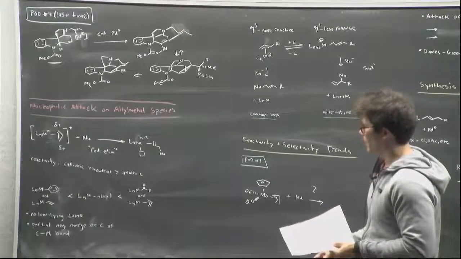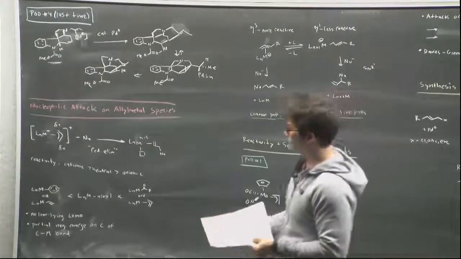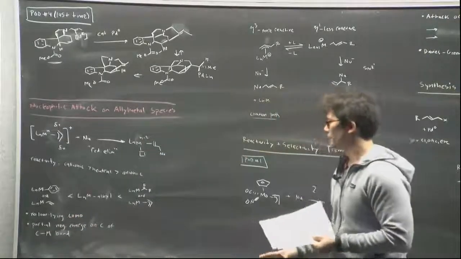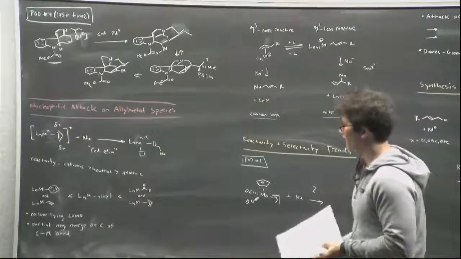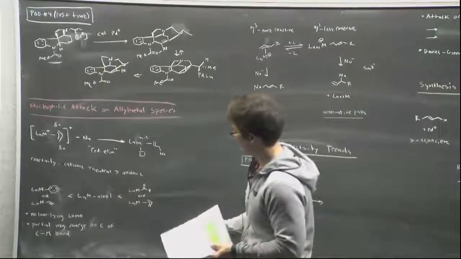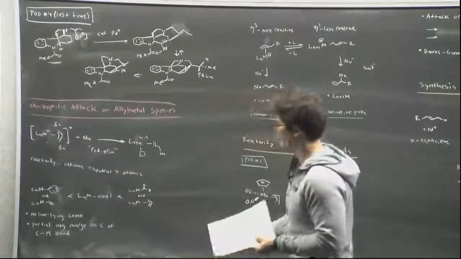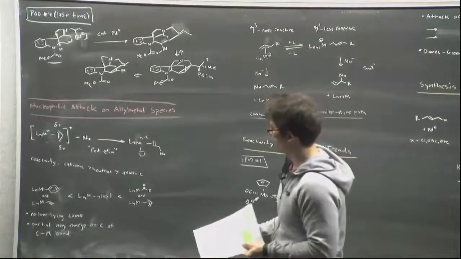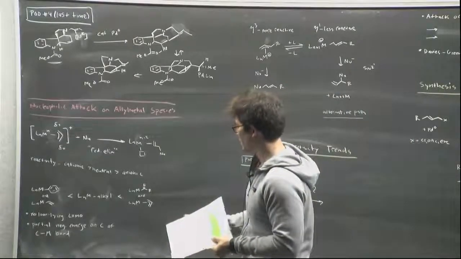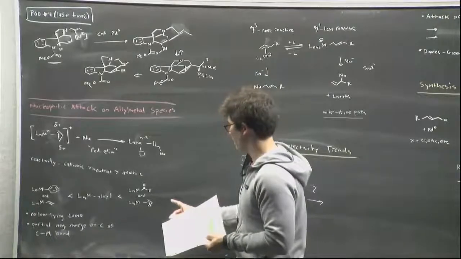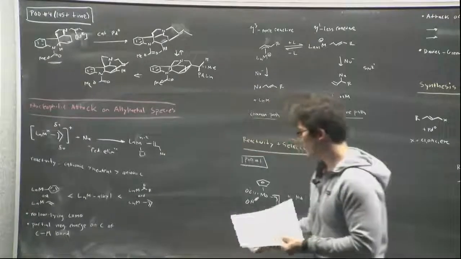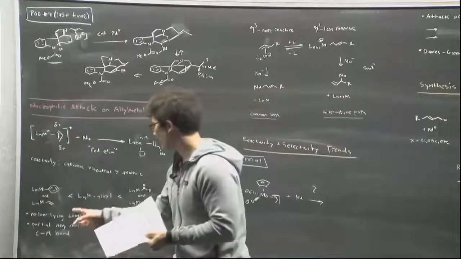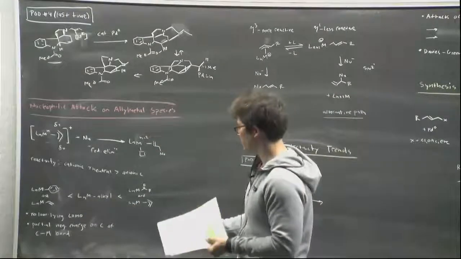And so in comparison to other sigma organometallic complexes that one might encounter, allyl and acyl metals are unique in the sense that they have low-lying LUMOs that enable nucleophilic attack, whereas aryl, vinyl, or alkyl metal species do not.